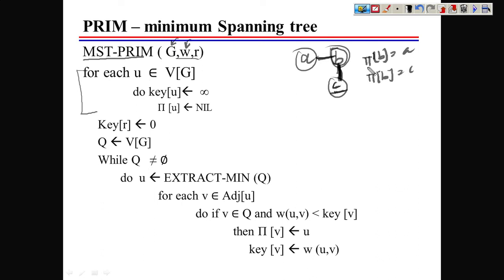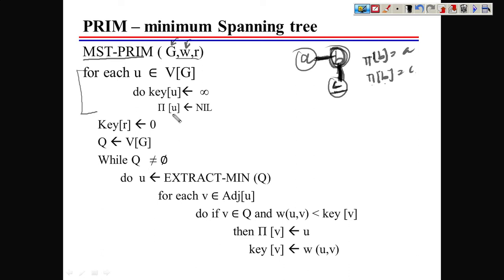If I say the predecessor of B is A, that means to reach B I should follow A, means I can reach B from A. If I say pi of B equals C, that means to reach B I should follow the path from C to B.